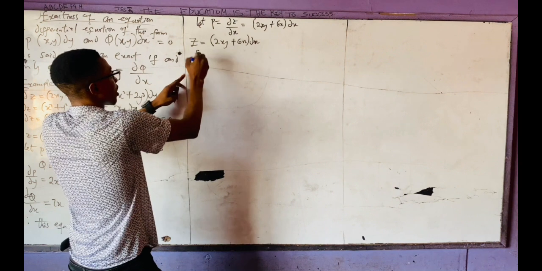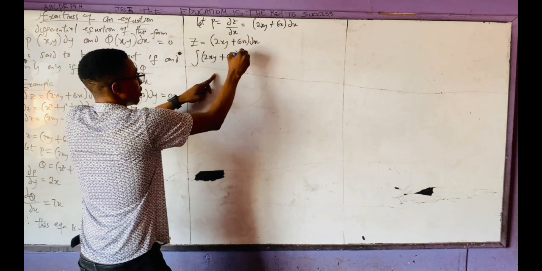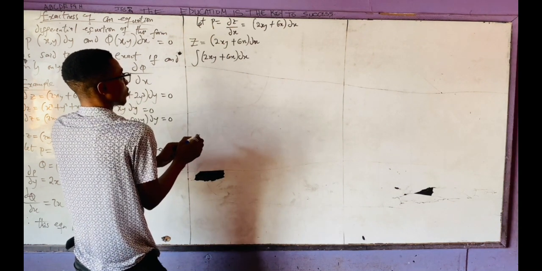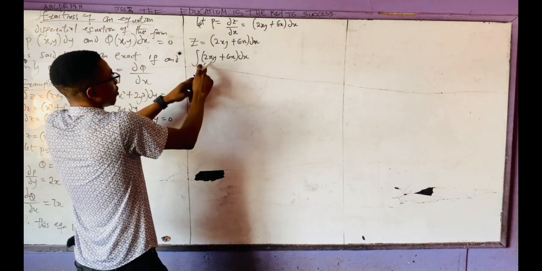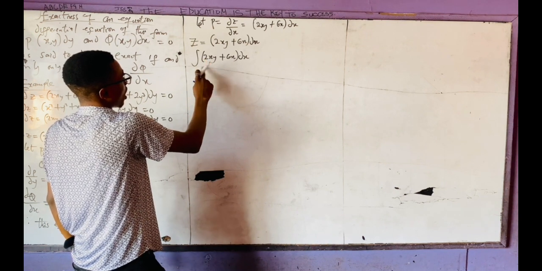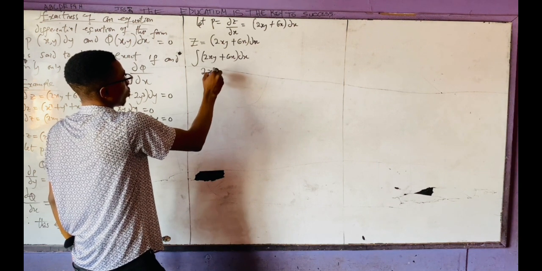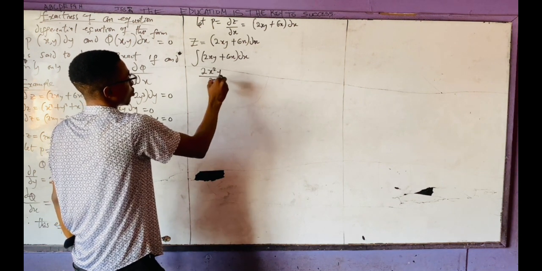If you integrate 2xy with respect to x, I'm going to have 2x squared y over 2.